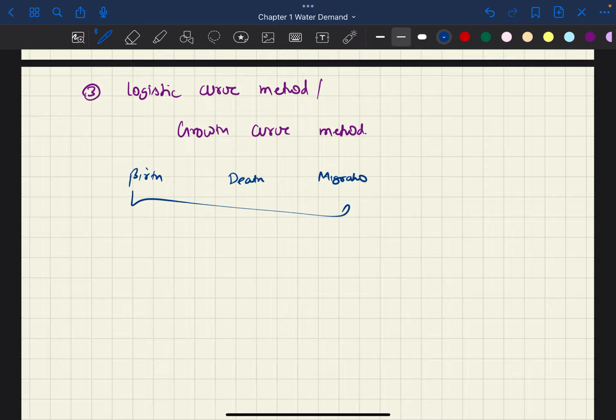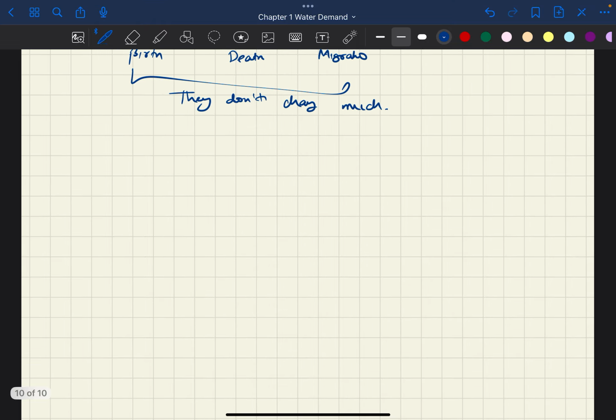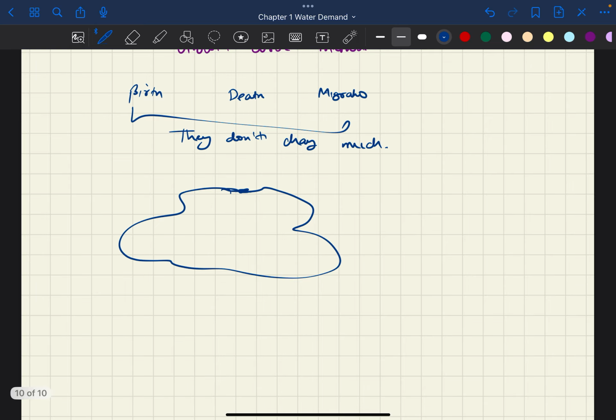So if they don't change much, then a population follows a general growth curve characteristic. Say this is limited area, and if there are no major big changes in birth, deaths, and migration, and these have limited resources, then population will saturate at some point.